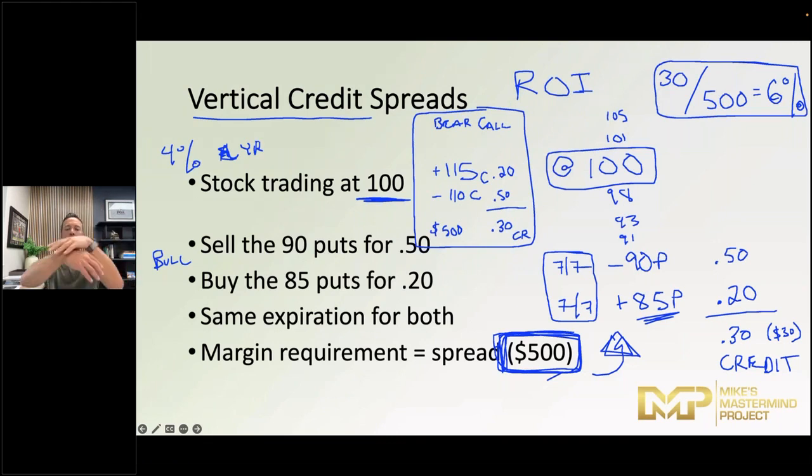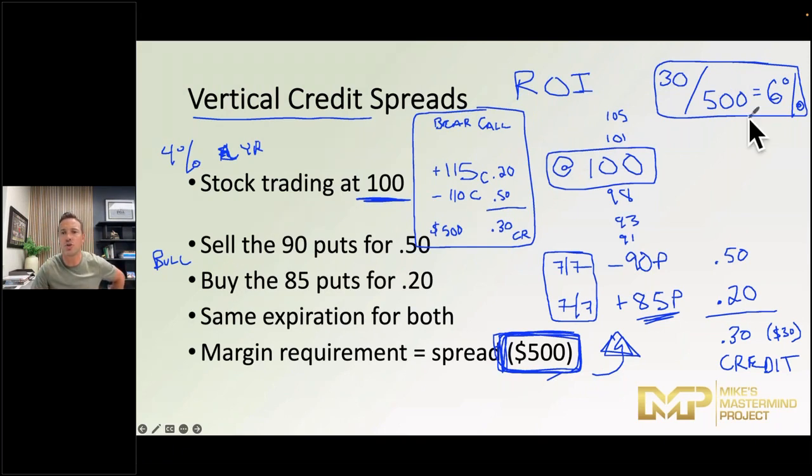So the broker only holds one margin requirement because there's no way you lose on both. It's impossible. The broker knows that. So if you were just trading the call side, there would be a $500 margin requirement. If you're just trading the put side, there would be a $500 margin requirement. If you're trading both, there's still only a $500 margin requirement.